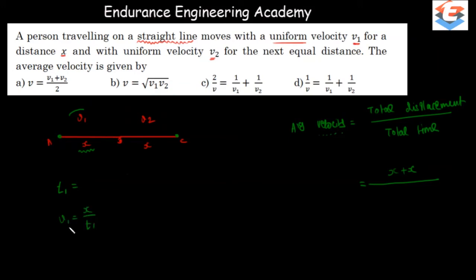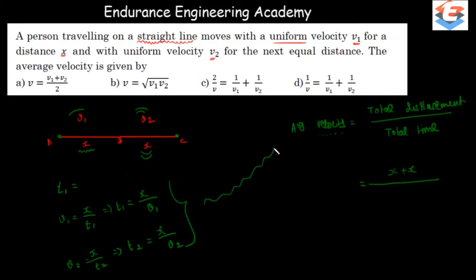So v1 is x by t1, and simply t1 will be x by v1. Similarly, for covering this distance x, the person is traveling with velocity v2. So v2 is x by t2, which implies t2 is x by v2. A simple logic.